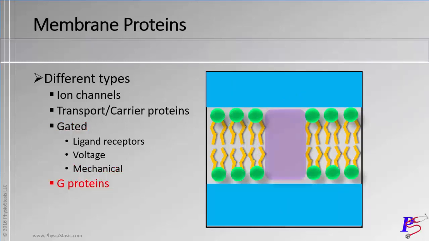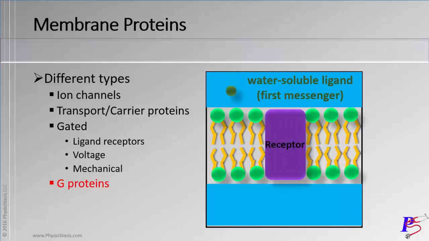The last type of membrane protein we'll discuss here are G proteins, where you have another ligand that's going to come and bind to the receptor down here, and this receptor is also coupled to a G protein. That's why you might hear these called G protein coupled receptors, because these receptors are coupled to a G protein down here.